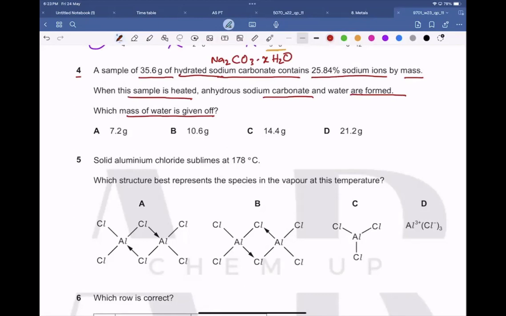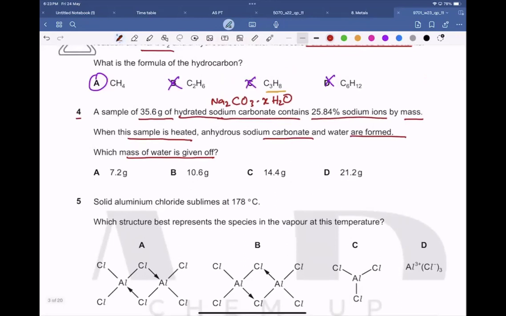Okay. So it is 25.84% sodium ions by mass. Just first find this: 100% is 35.6, so if it's 25.84%, then what would be the mass? Can anyone calculate this mass?